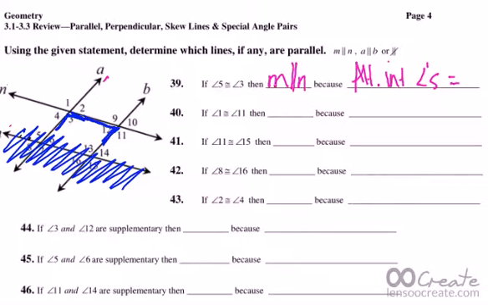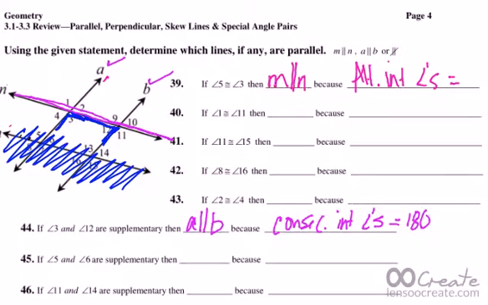If I look at that, M is my transversal between lines A and B, so we say A is parallel to B because consecutive interior angles equal 180.